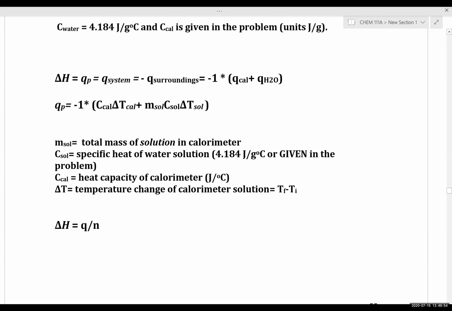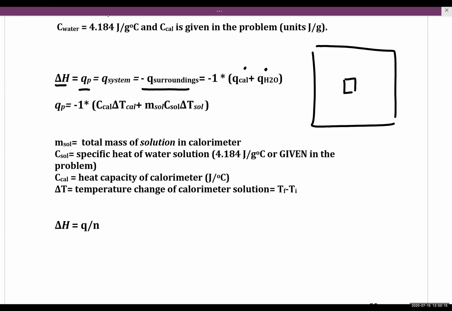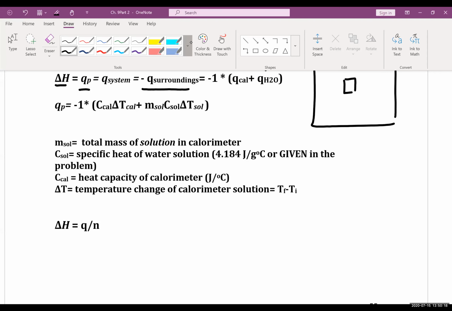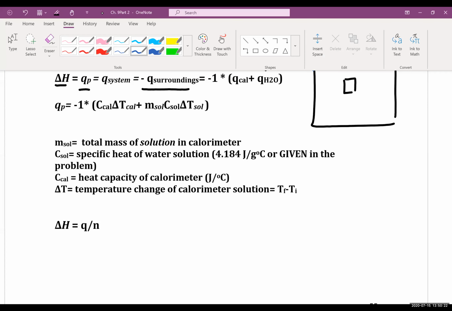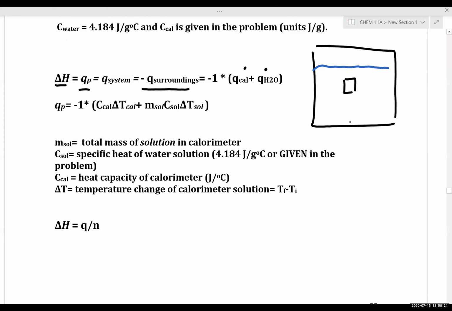Okay, so we can write out the enthalpy as the heat of reaction at constant pressure, which is equal to negative Q surroundings. In this case, for our surroundings, we have our calorimeter and our water absorbing the heat. Just to draw a picture to help us see what's going on: suppose we have a reaction, which I'm going to draw as a little box.